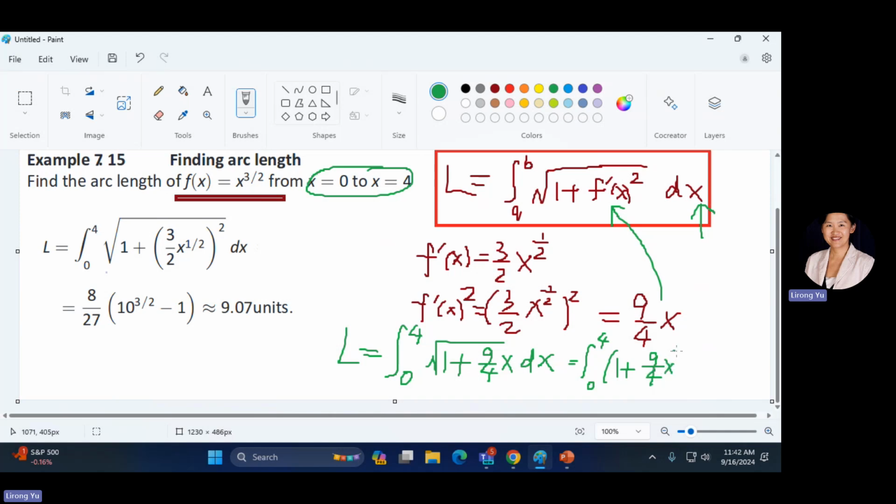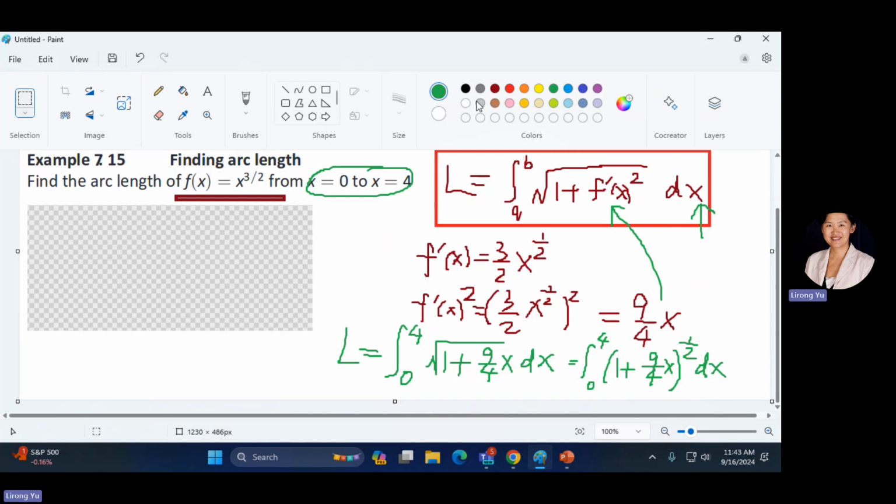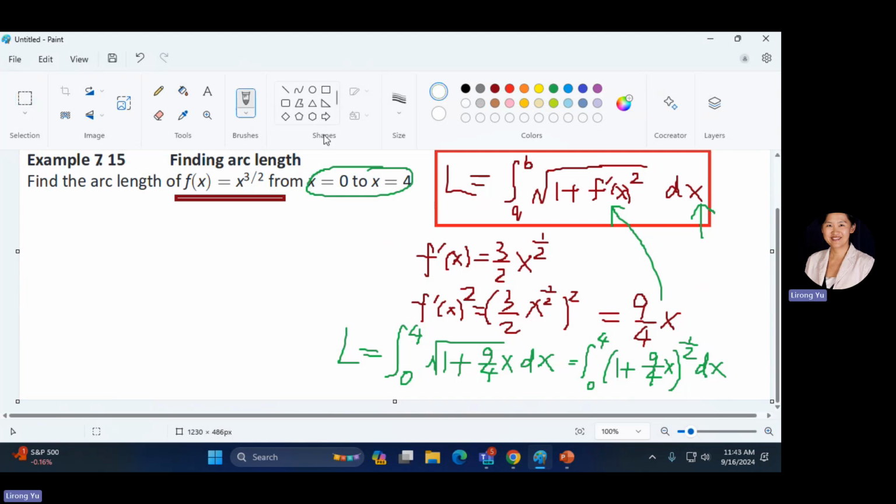This is degree 1, raised to the power 1/2, so we use the power rule for the integration. That's power 1/2, so with the power rule you will have 1 plus 9/4 x to the power 1/2 plus 1, which is 3/2, divided by 3/2.